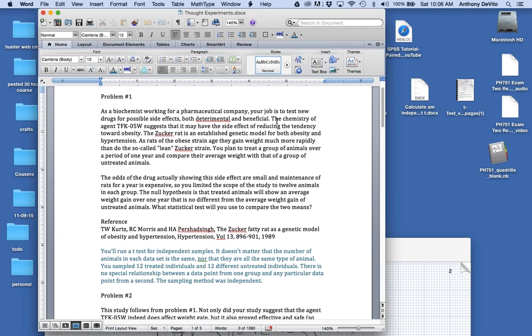Within that group, there's a basic choice we have to make. We know we want to demonstrate that the means are different, right?